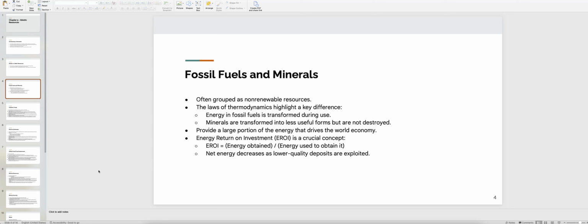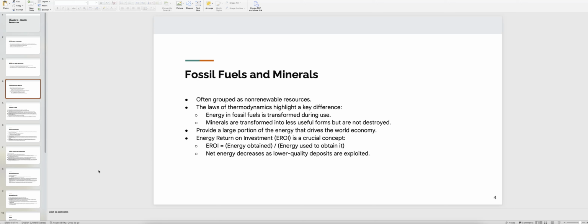Okay, so let's talk about these fossil fuels and minerals. Again, we've already talked about the laws of thermodynamics and whatnot. But what we know about these fossil fuels and minerals is that they are incredibly important. They became incredibly important starting in the 18th century, the 1700s, namely coal, right?